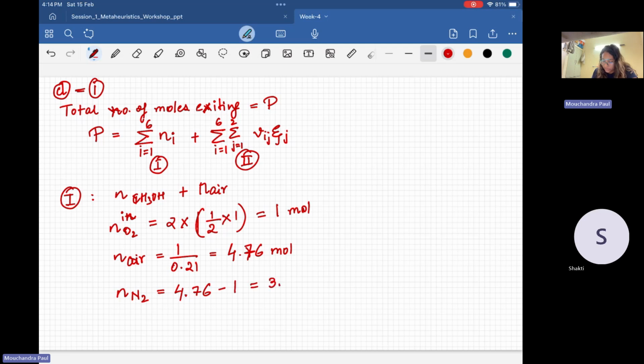So it will be 3.76 moles. Okay, there you go.